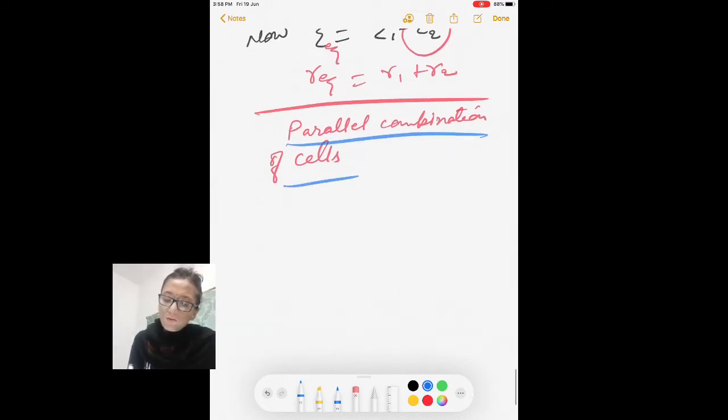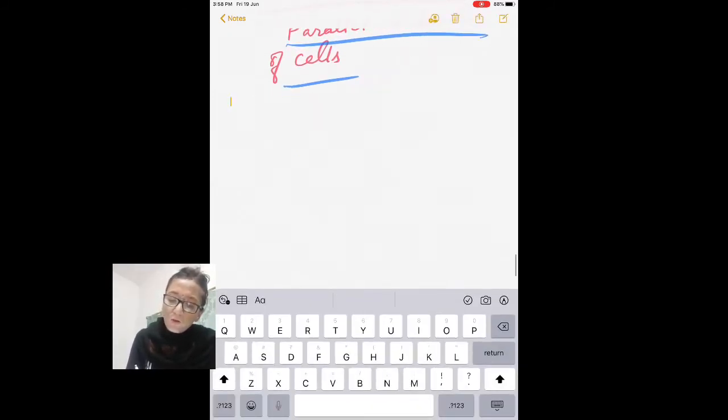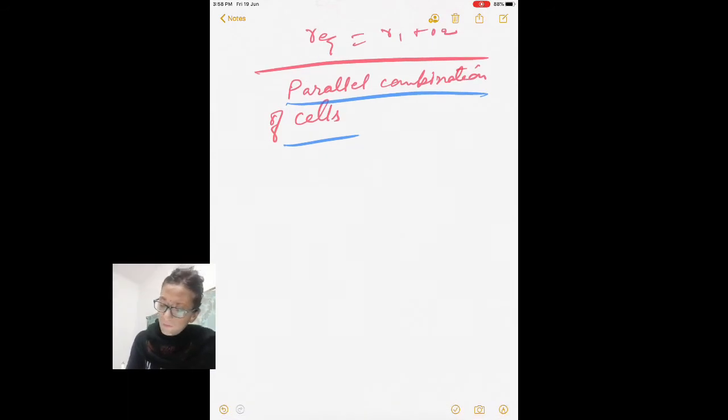So now next combination, parallel combination of cells. If the given two cells are connected on the same common terminal, you know parallel combination?